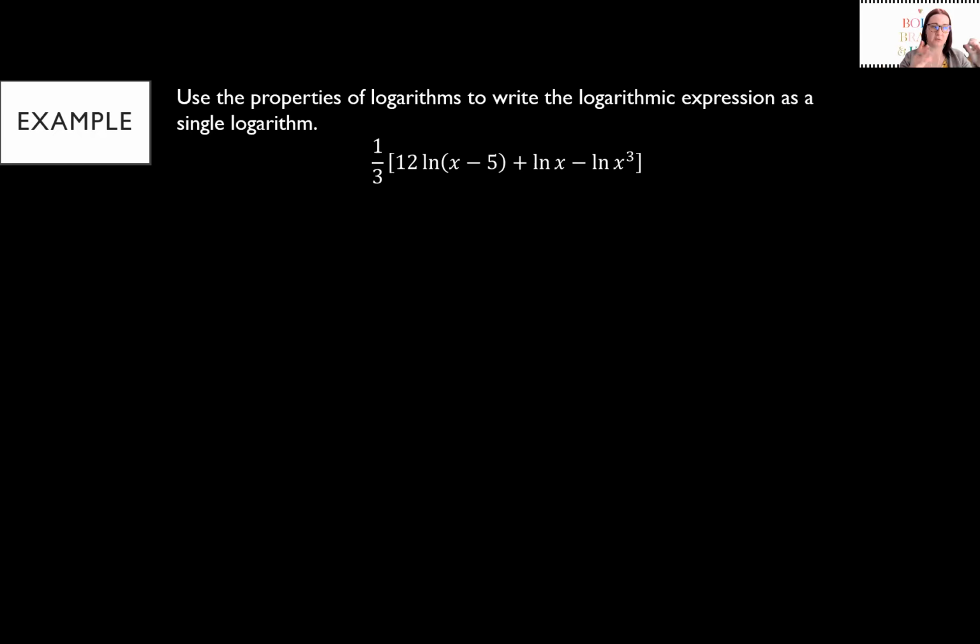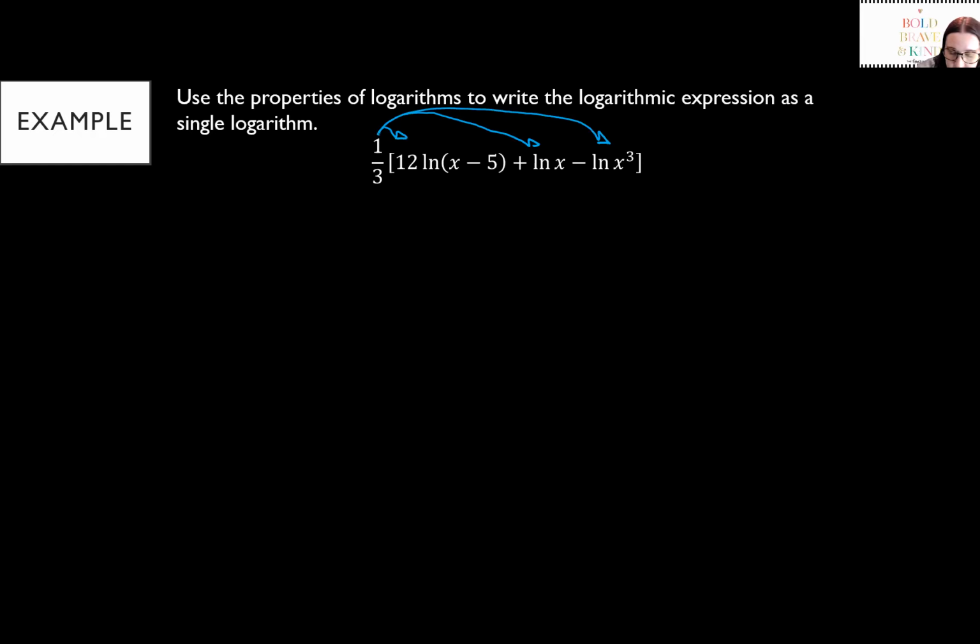So we've got this 1/3, and then we've got these brackets. That tells us we're going to have to distribute the 1/3 through the parentheses before we do anything else. I've already got an exponent of 12 there, so we need to multiply those together and simplify before we make an exponent. And that 1/3 is also going to be attached to the natural log of x there, and then the minus natural log of x cubed.